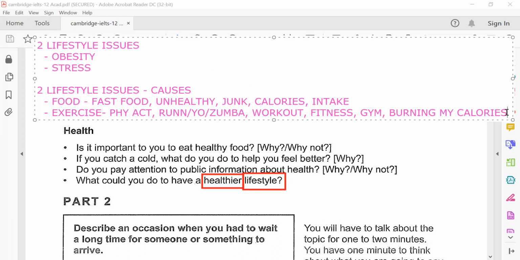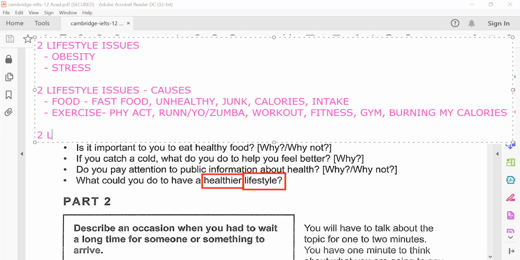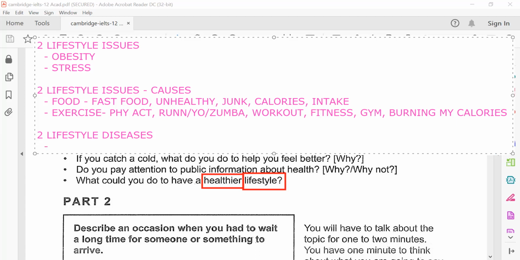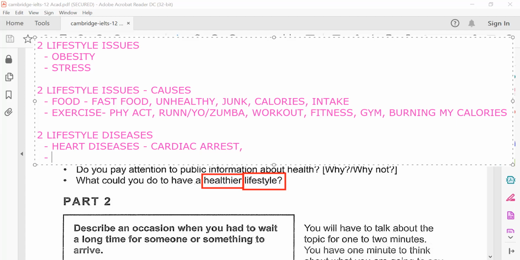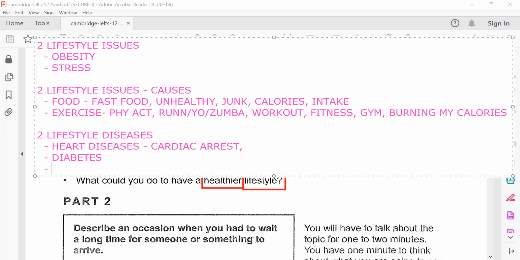Tell me 2 lifestyle diseases, diseases that happen because of our lifestyle, other than obesity. Heart diseases, cardiac arrest, respiratory diseases, diabetes, stomachache, depression, diarrhea.